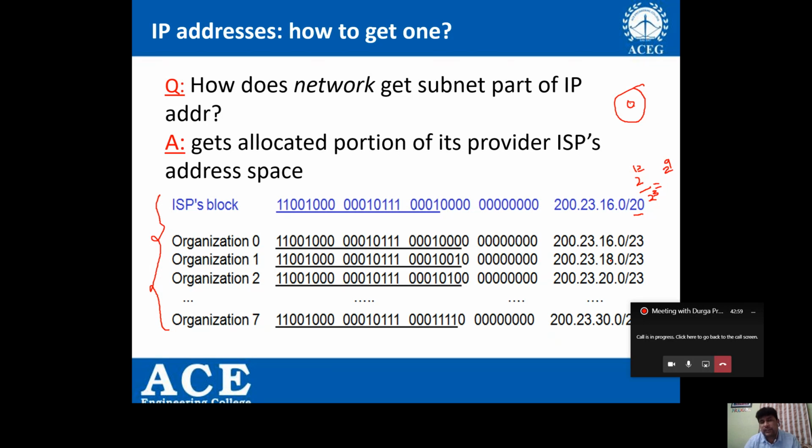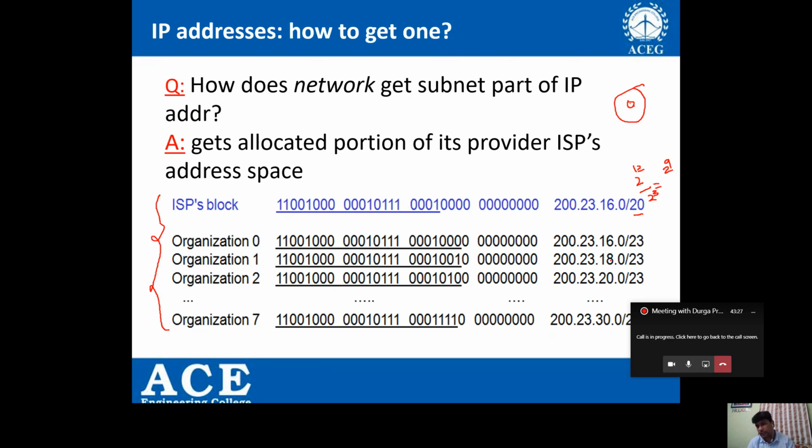In case it is in binary, and my first 3 bits are 110, that is, the first 2 bits are 1 and the third bit is 0, you can directly say that it's a class C. So based on the first byte, or the bits of the first byte, we can identify to which particular class an IP address belongs. Then we try to discover the drawbacks in classful addressing by discussing classless addressing.